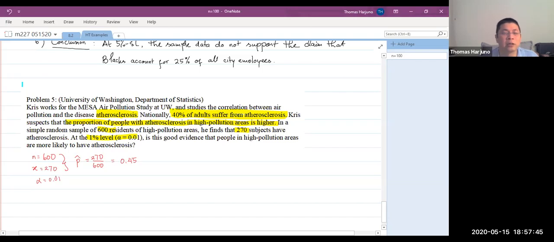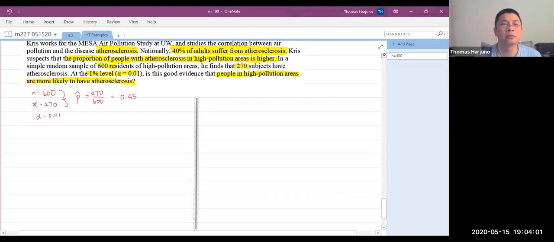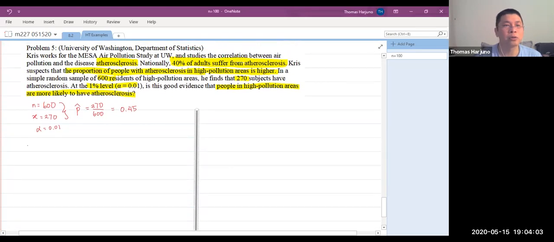And for the claim, you can use either one: the proportion of people with atherosclerosis in high pollution areas is higher, or people in high pollution areas are more likely to have atherosclerosis. Happens to be both the same. I give you 5 minutes from now. You can continue while I also start working on this.